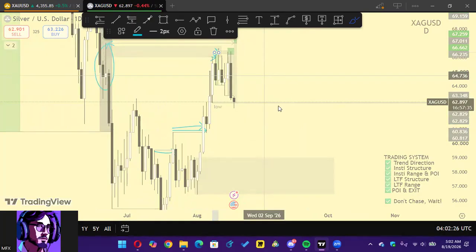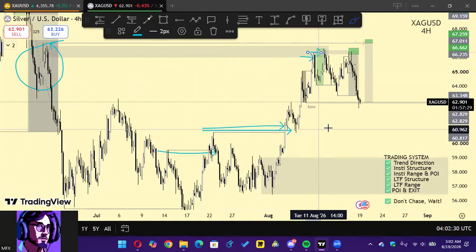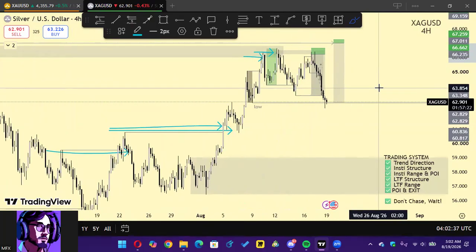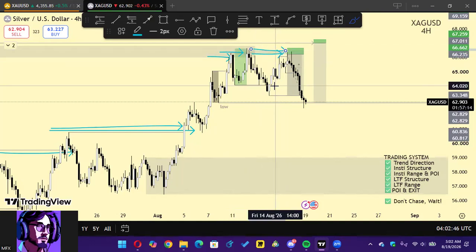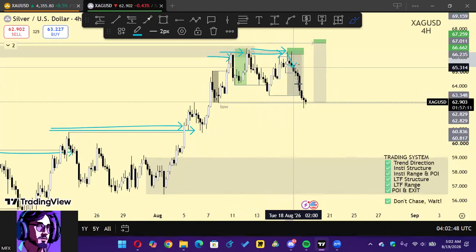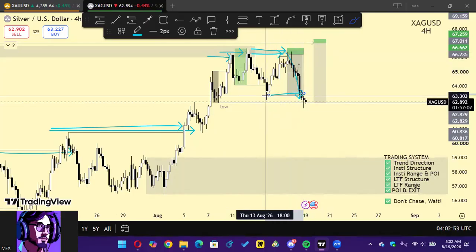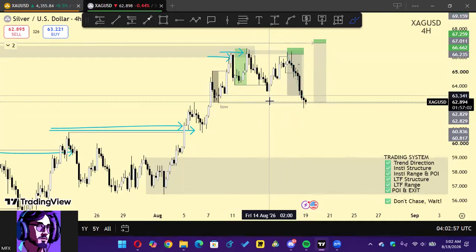While price was mitigating this POI without the candlestick body close, we find there was no requirement here. We just took this for a sell and boom, let's TP here. It's that simple. It's just that simple.